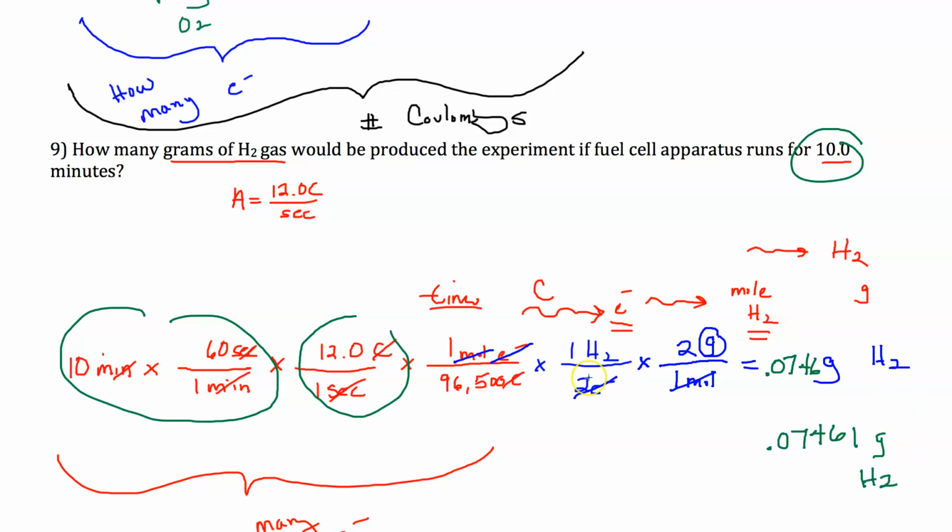How do I know it's grams of H2? It's the unit left standing, the descriptors left standing. And I want to round that to 3 sig figs. Remember, the leading zeros are never significant. So I look at the first 3. The next digit isn't greater than 5, so it stays 0.0746 grams of H2. That's how many grams of H2 we produce.